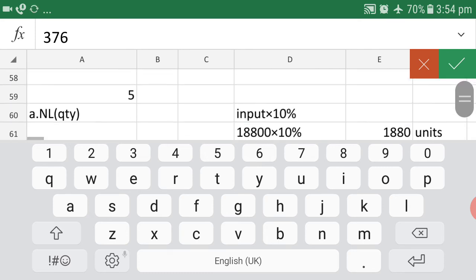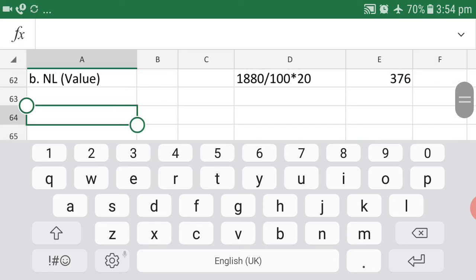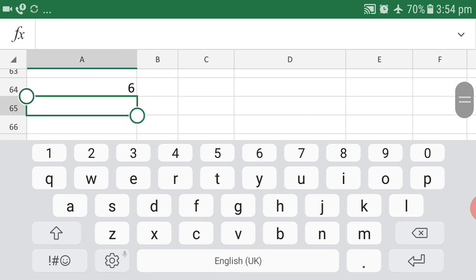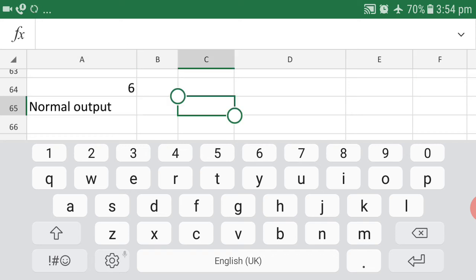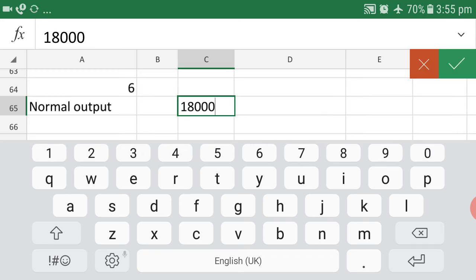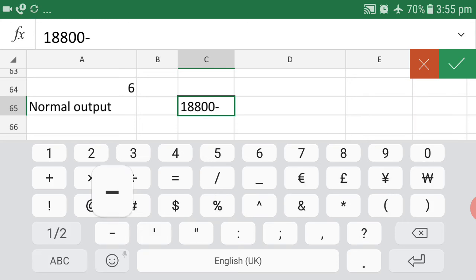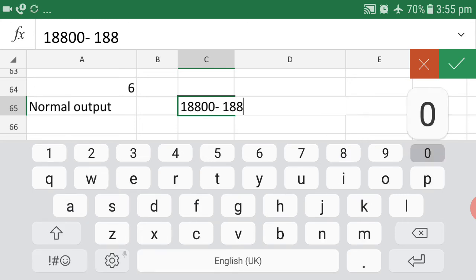Let's calculate now. Working note number 6. Normal output equals, here 18,800 is the input minus normal loss 1,880.